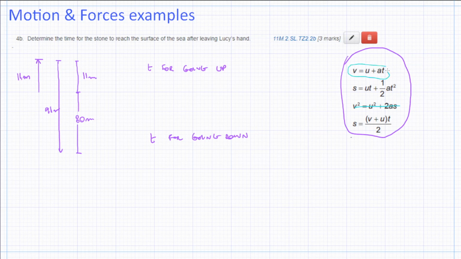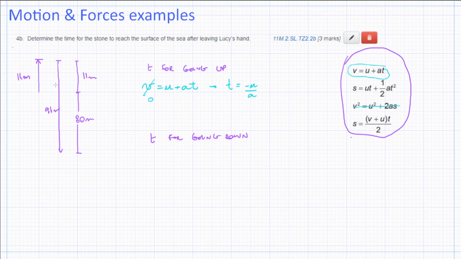Yeah, so we can use this one. So if we want to find time in the first motion, we can just do v equals u plus at, and then, since v is 0, we're looking for t. So t would be negative u over a, and then again, this is negative, right?